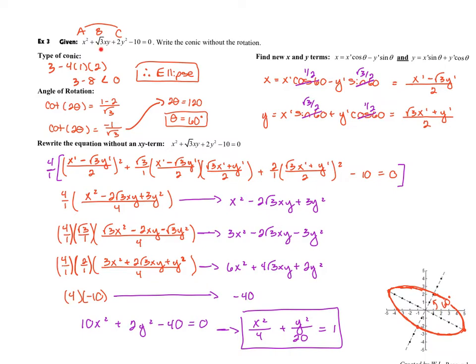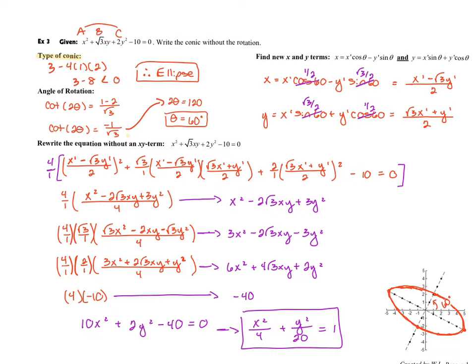So it has been rotated with this XY term, so we're going to jump into our first question and determine the type of conic. To determine the type of conic, we're going to do that discriminant, that b squared minus 4ac, where a is the coefficient on the x squared, b is the coefficient on the xy, and c is the coefficient on the y squared. So our b squared minus 4ac gives us our 3 minus 4 times 1 times 2.